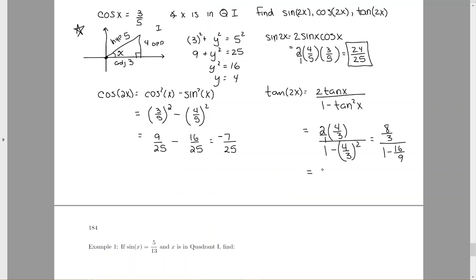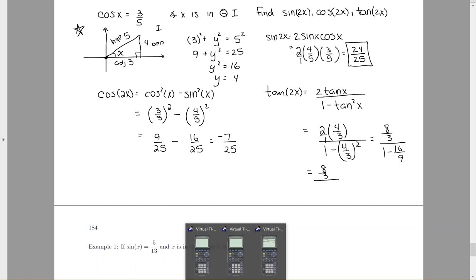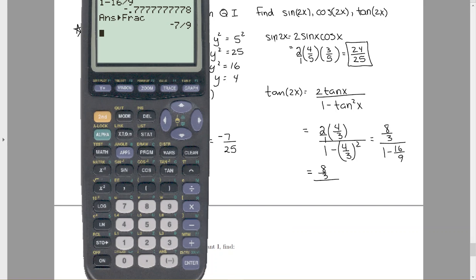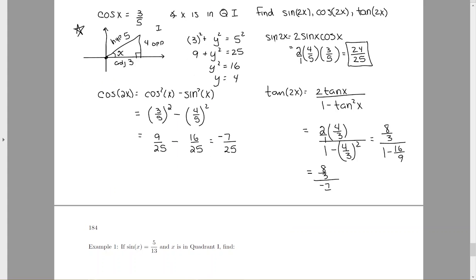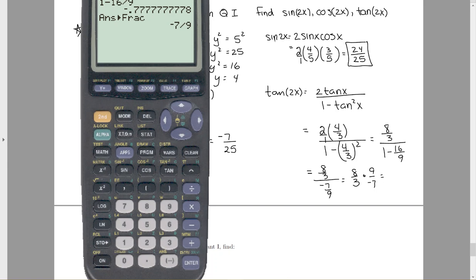So I'm going to take 8/3 and divide it by, and that was, again, -7/9. So I can do the keep, change, flip. So change division to multiplication, flip, and then either cancel, or I can go ahead and just multiply using the calculator, and then again reduce it using the calculator.